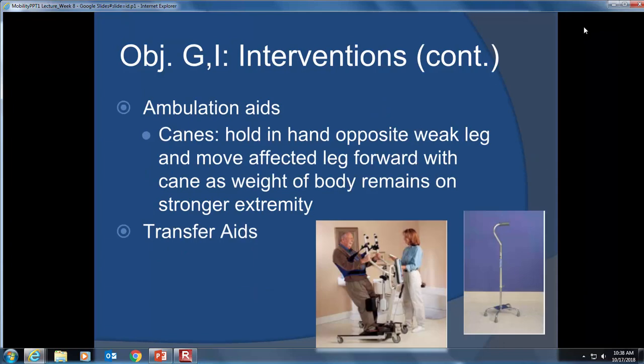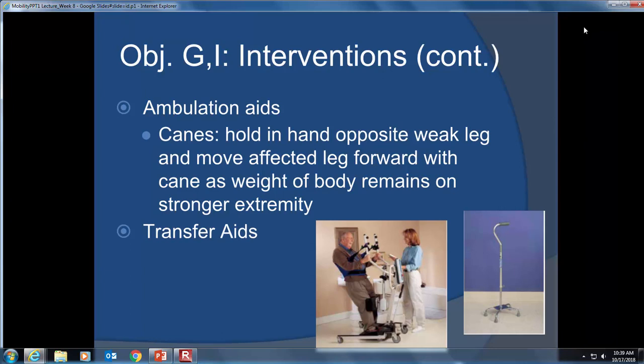Transfer aids just help the patient get around. So we want to use teams to lift patients safely. Use stand-up assistance devices. An example that's shown here is the Sara Stedy that's used in a lot of organizations around here. It's important to understand how to use correct body mechanics when positioning, ambulating, and moving patients.